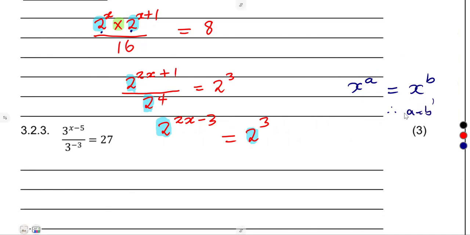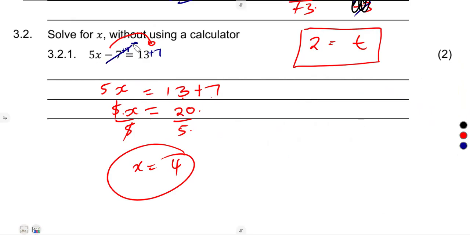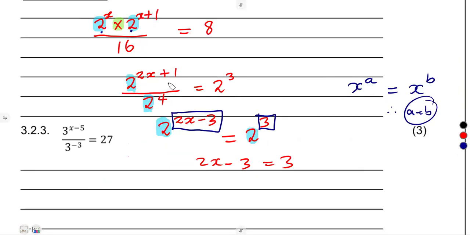A will be equal to b. It is the same thing, the base of 2, base of 2. So therefore equate the exponents. 2x minus 3 must be equal to 3. Then we are back to those linear equations that we have been solving before. How are you solving these linear equations?